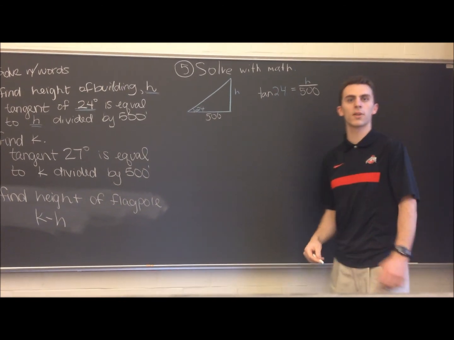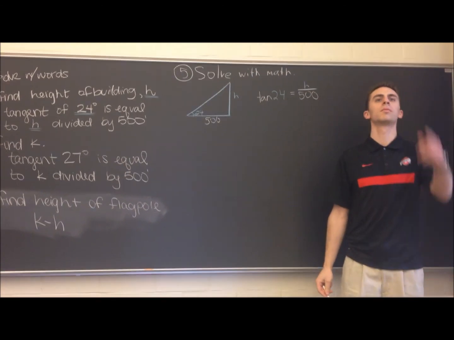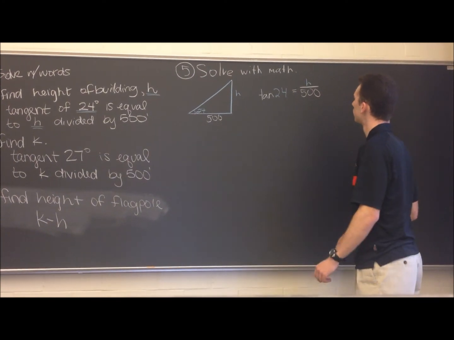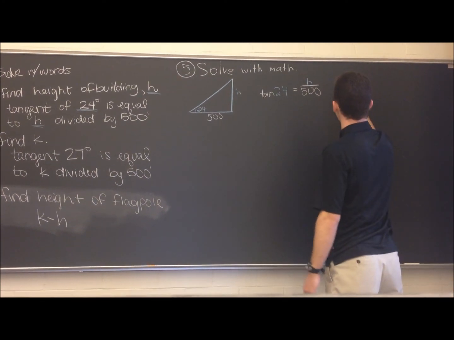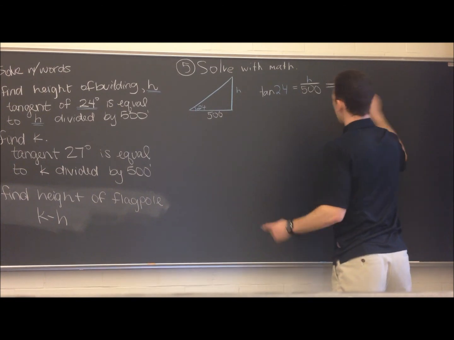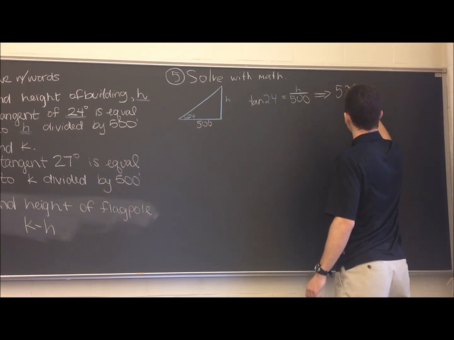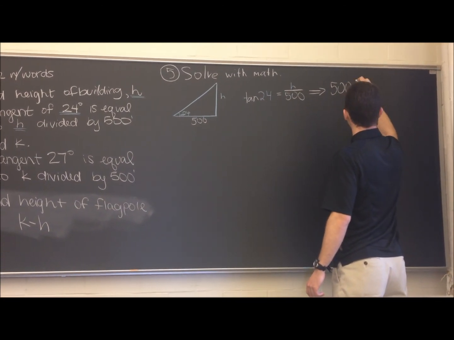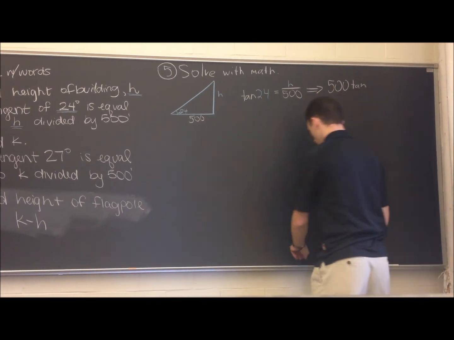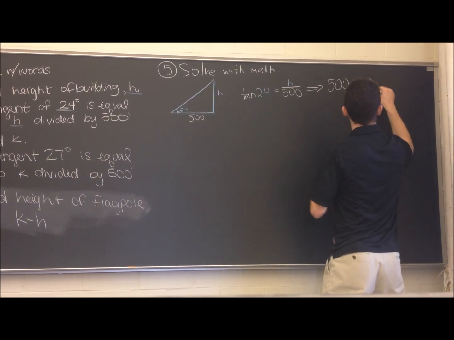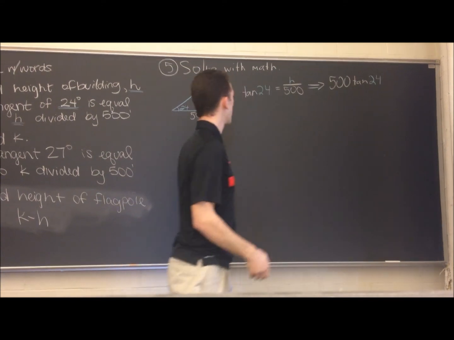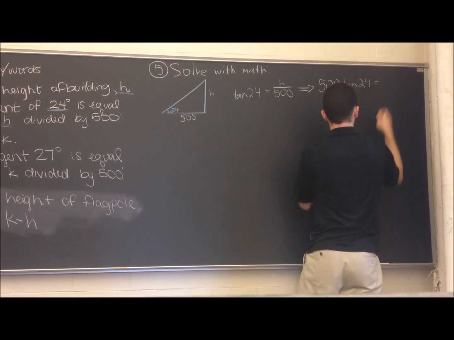So, how do we solve for h now? Can we multiply by 500? Yeah, let's multiply both sides by 500 to get the h by itself. So we get 500 times tangent of 24, and that's going to equal h.